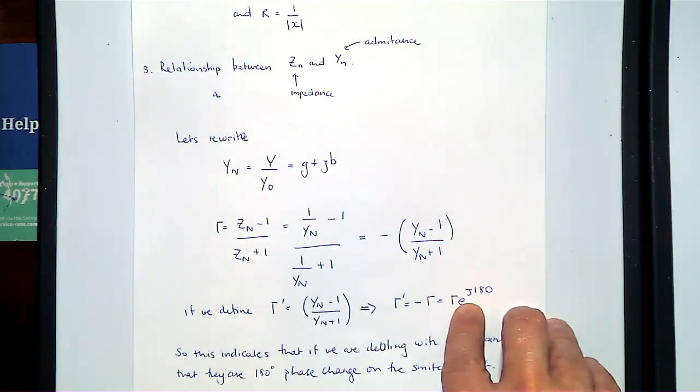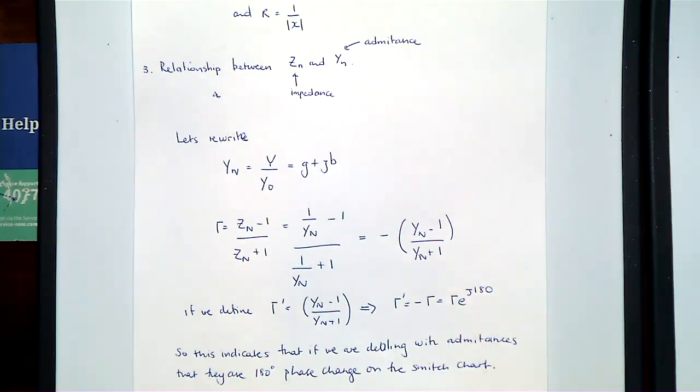Right? So if you had a point on the Smith chart and you wanted to work out its admittance from its impedance, all you do is go around the circle of constant radius until you've moved 180 degrees.